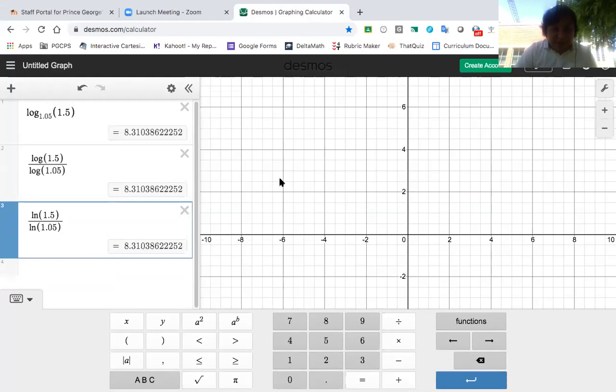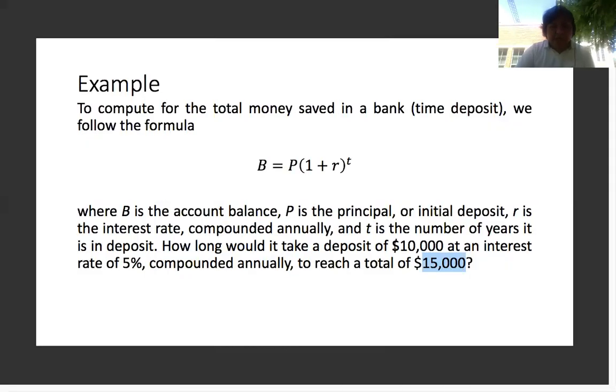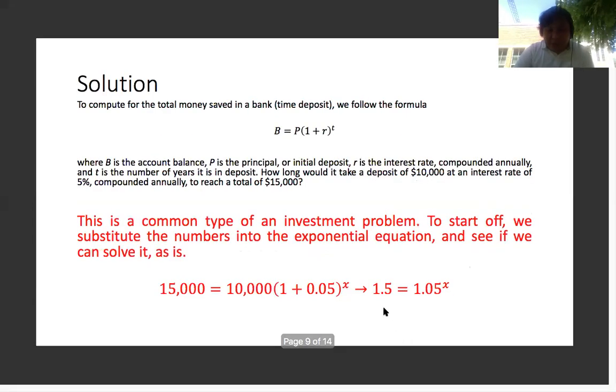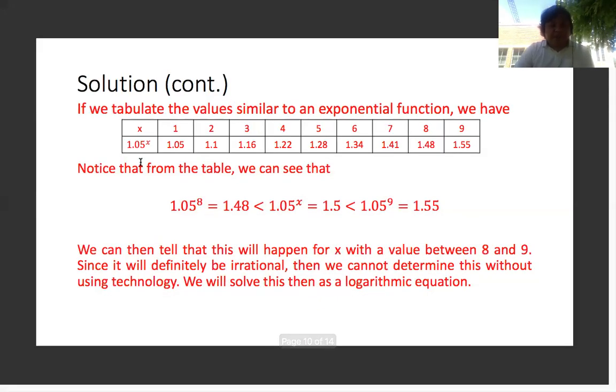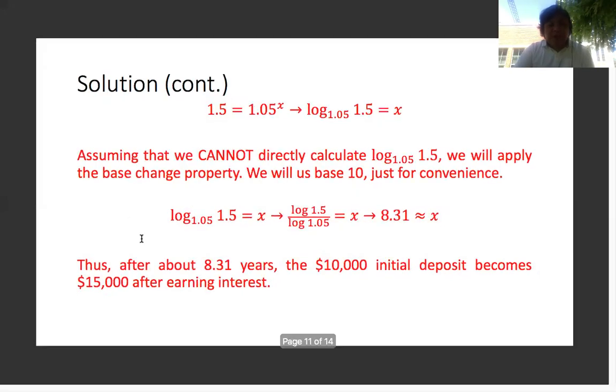Going back to the lesson, we did get here 1.5 is equal to 1.05 to the x. More solutions, and eventually we have 8.31 is equal to x. So take note, if you can actually compute directly, then just go straightforward.